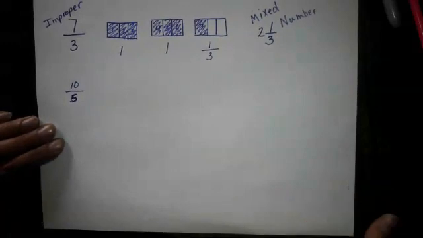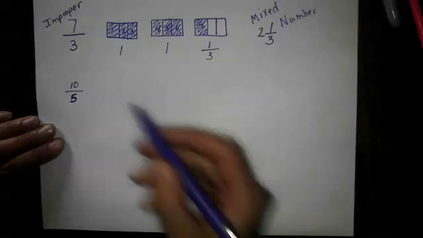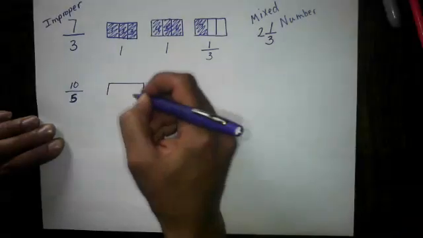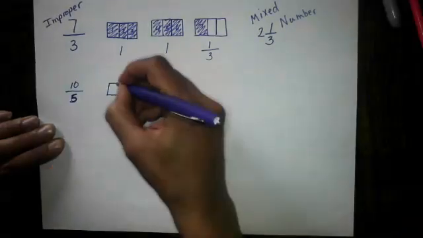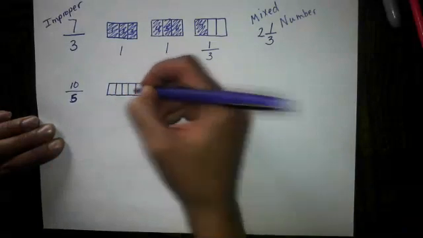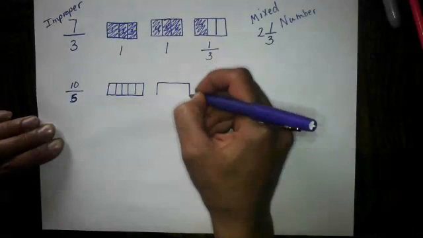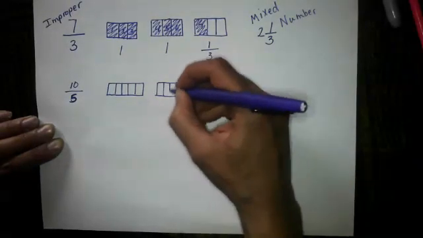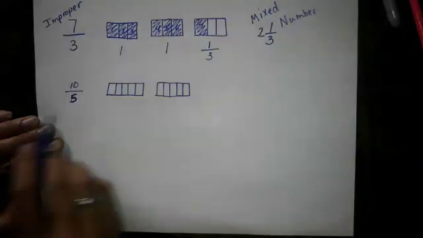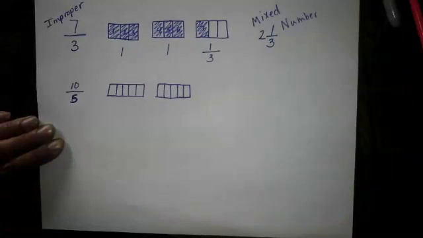I know how many parts are in each whole candy bar. 5, because 5 is my denominator. So there's 5 pieces, and I know I have to draw at least 2 of these, maybe more, because all improper fractions are more than one whole.